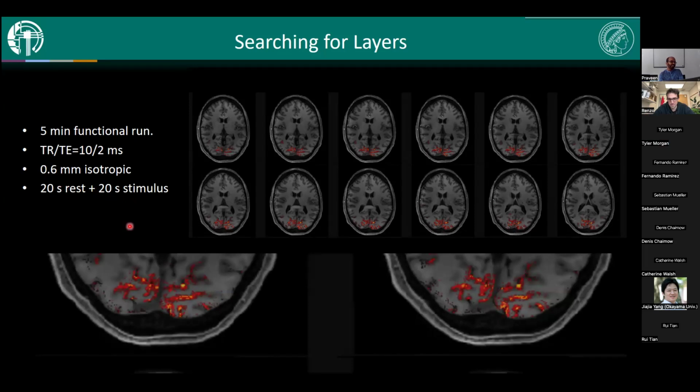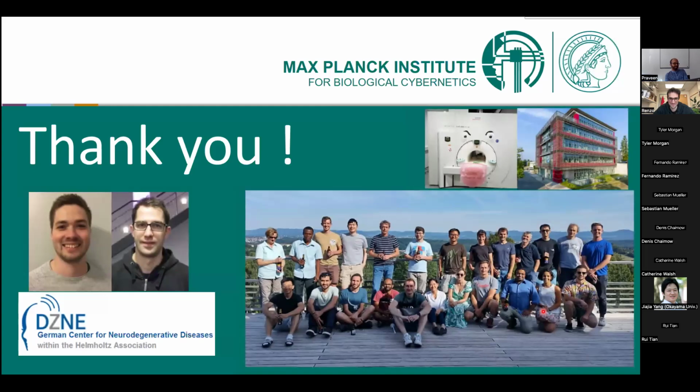If you look closely, at least some of the activations don't show striping across layers, but have a hypointense region in the CSF region. So this is at least something to look forward to in the future. But yeah, this is pretty much it. I would like to thank my co-authors from my group and the collaborators from DZNE Bonn, Philip and Martin. Thank you.